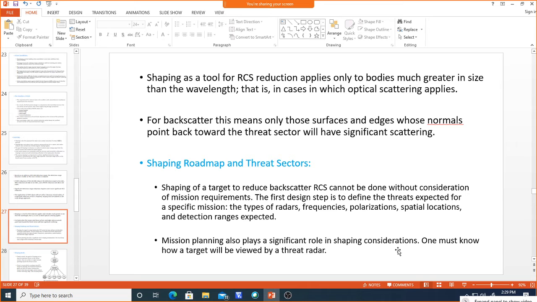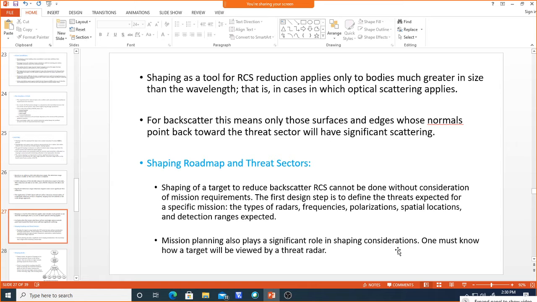As it approaches the optical region or optical scattering, even simple bodies, which are small compared to complex targets, will look like big scatterers, as the wavelength decreases in the higher frequency range.